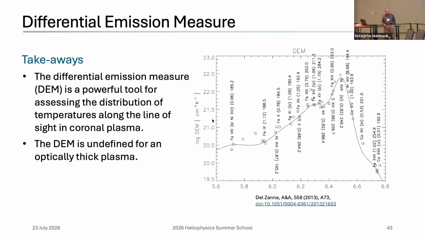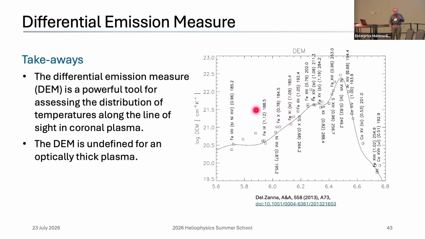Okay, so I want to at least touch on the differential emission measure. I want you to be able to interpret one of these, which has the log of temperature against something called the differential emission measure with the silly units of meters^-5 per Kelvin. And what you see is a curve and then a bunch of spectral lines. So what does that mean?